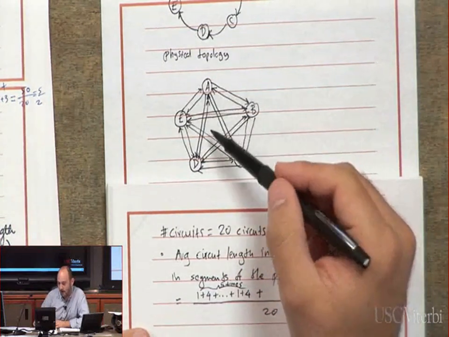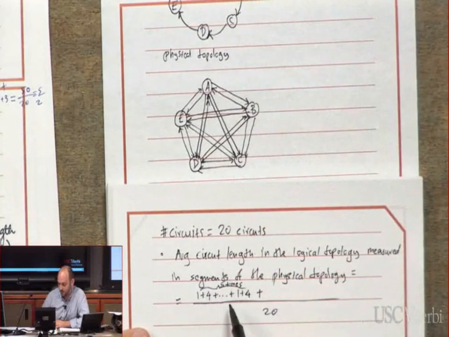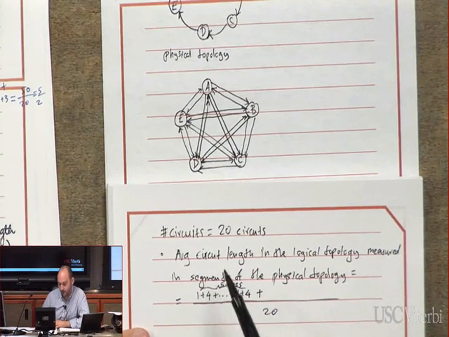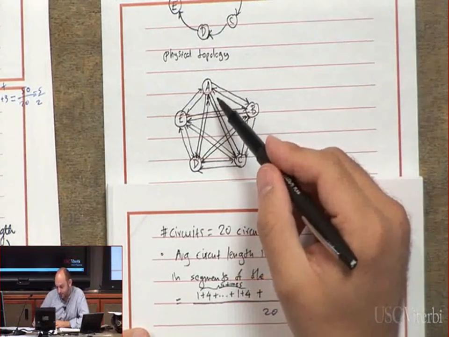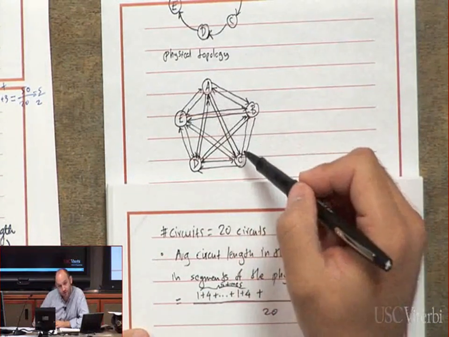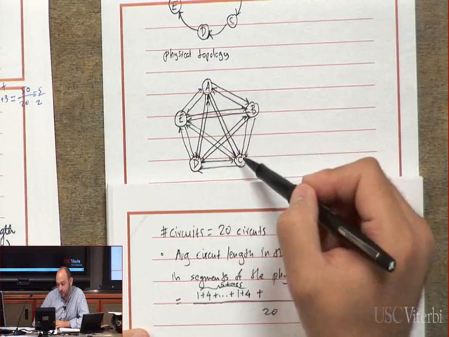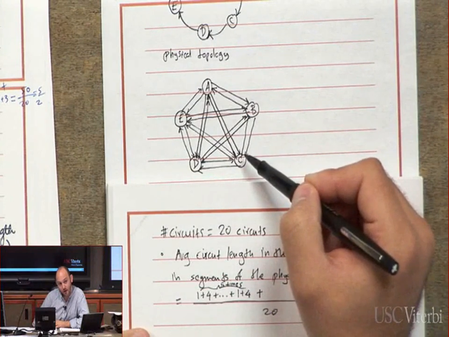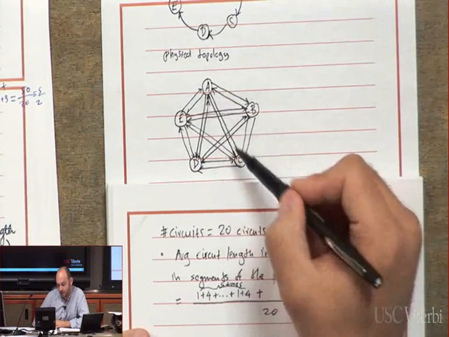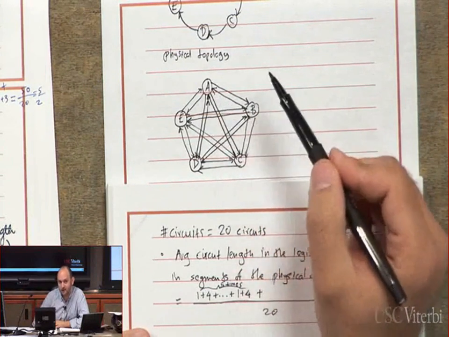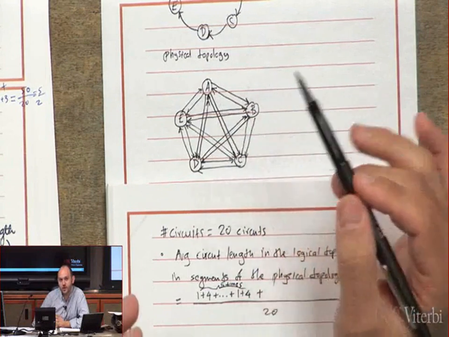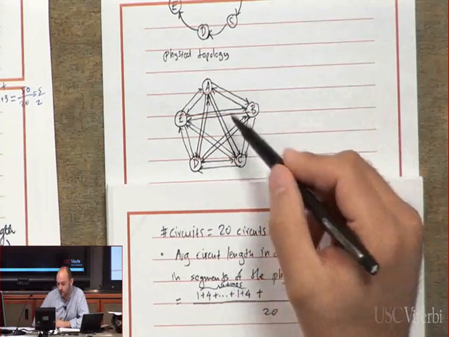We have another 10, which is the internals, for example, from A to C. What is the length? 1, 2. No? Segment-wise, A to C. They are virtually connected, but the underlying physical topology has 2 segment hops.